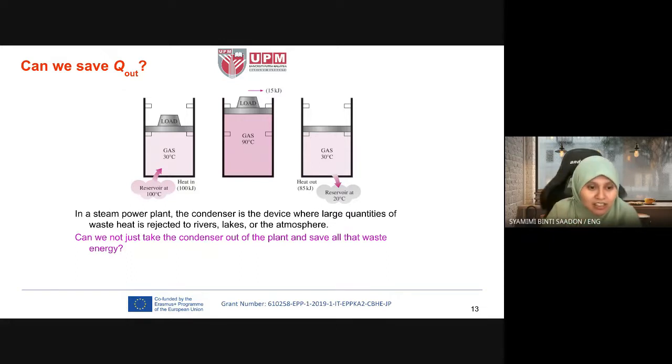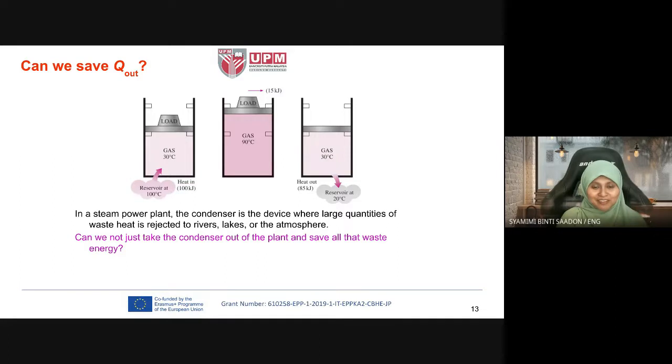In a steam power plant, the condenser is the device where large quantities of waste heat are rejected to rivers, lakes, or the atmosphere. Can we not just take the condenser out of the plant and save all that waste energy? So this is kind of the same question as Marwan's just now. Can we just skip the condenser part, or the heat rejected part, so that we will not reject the heat?